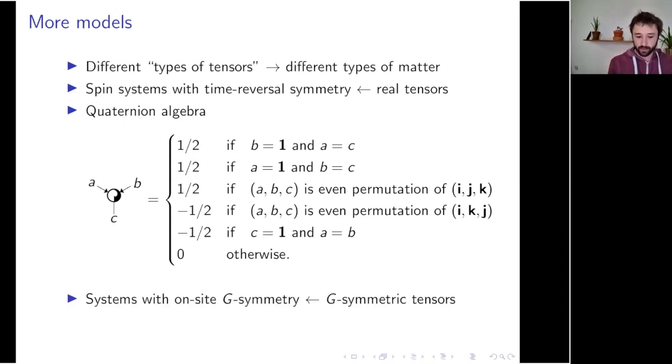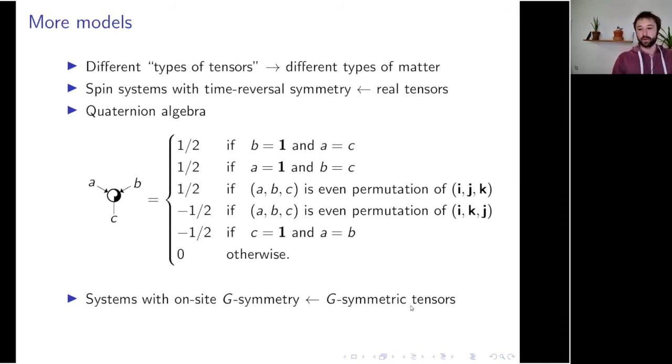Okay, I can also describe models with an ordinary unitary group symmetry. There I just have to use some variant of tensors where each index is not only equipped with a bond dimension, but also with a representation, such that the tensor is invariant under all of its representations.